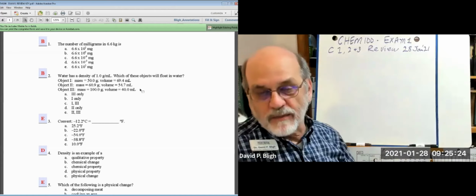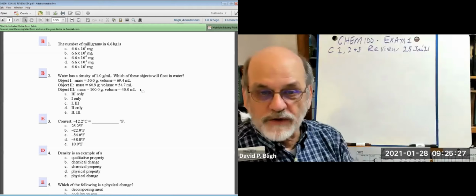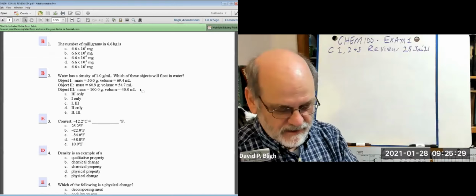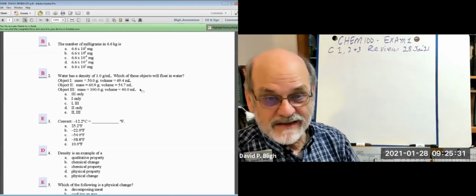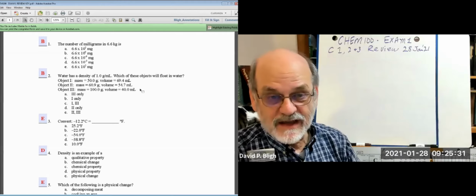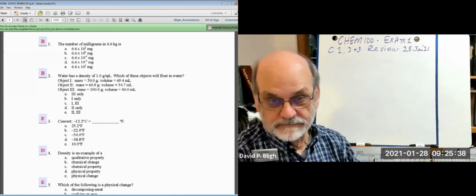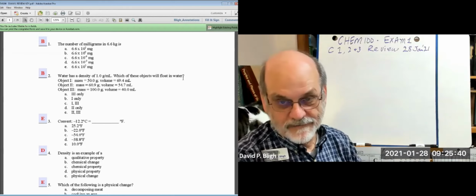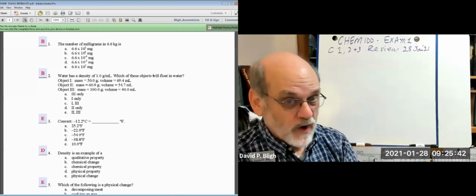But the key to this problem is knowing what the question means. What the question means is, what's the density of the object relative to the liquid? So you have to understand what the question is asking for.